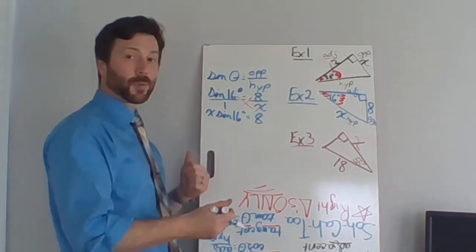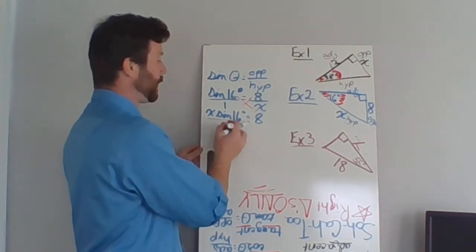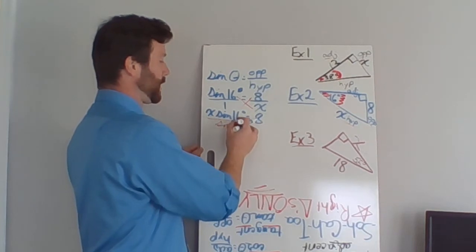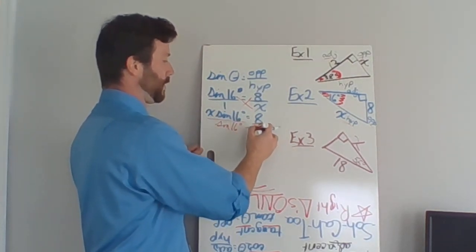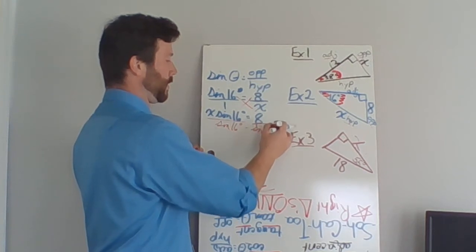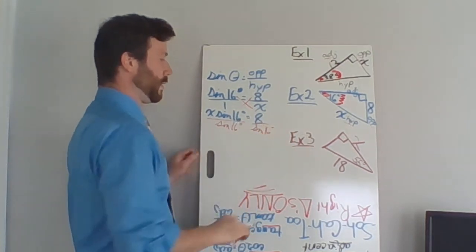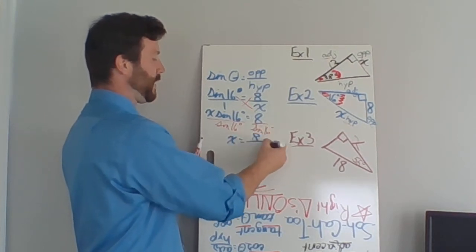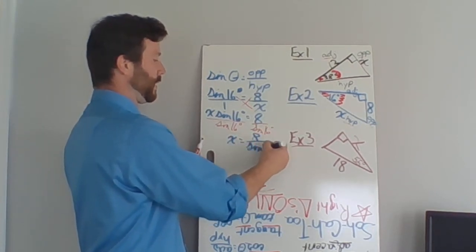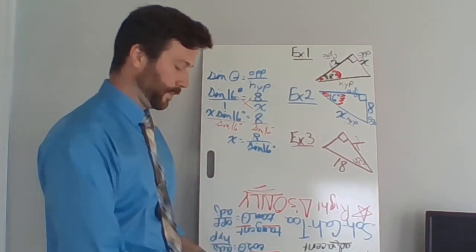Now, x is being multiplied by sine of 16 degrees. Divide both sides by sine of 16 degrees. Okay, and I'll get that x equals 8 divided by the sine of 16 degrees.